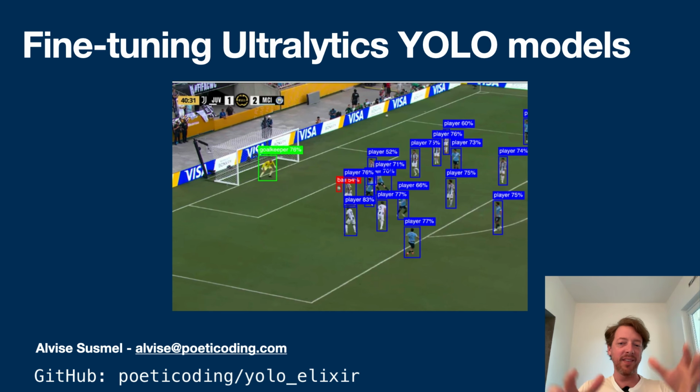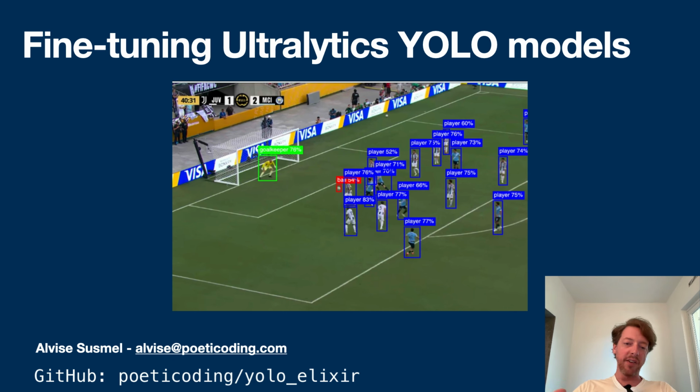We want it to excel at detecting players in motion, goalkeepers diving, referees in their uniforms, and a ball that might be partially hidden by the player's feet, for example. So all these objects and people are in specific contexts of the soccer field. Fine-tuning teaches our model these soccer-specific details that a generic model just can't handle as well.